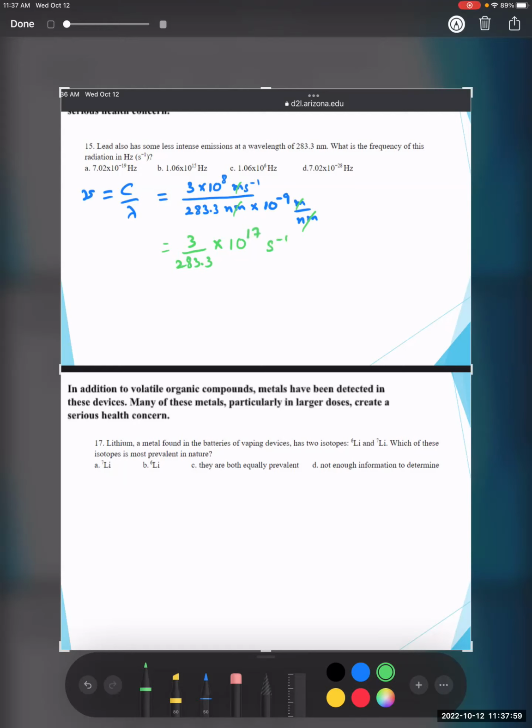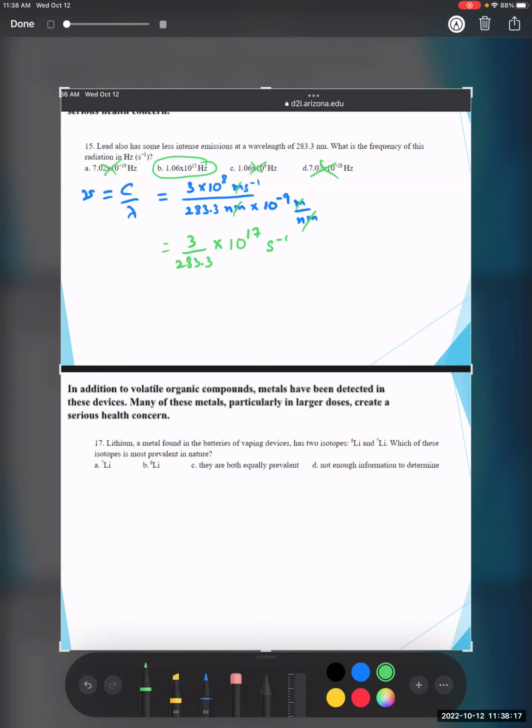So that's a large number, which is definitely larger than option D, definitely larger than option C, and definitely larger than option A. It's -19. So the only option remaining is this number over here.